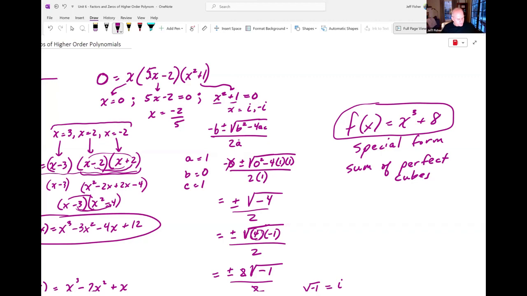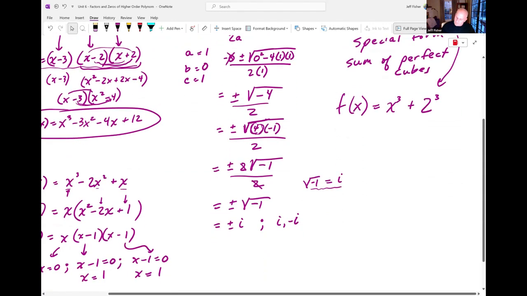let me show you what it looks like. Here we go. This is the same as f of x equals x cubed plus 2 cubed, right? 8 is 2 cubed.